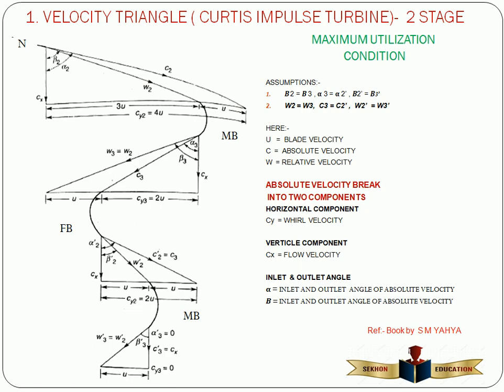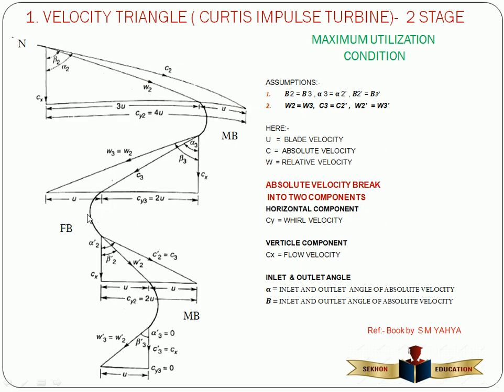So this is the main trick in making a velocity triangle for any system. Here we have the absolute velocity entering this fixed blade.